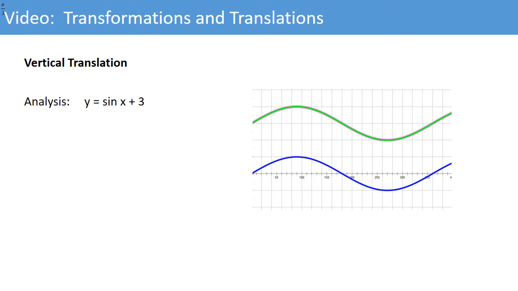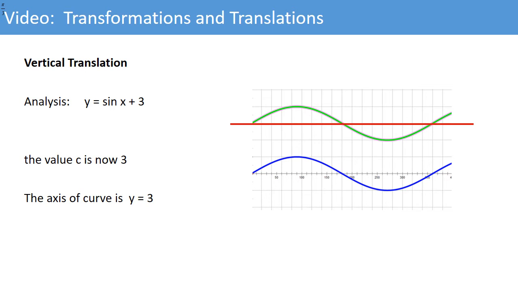So let's start with sine x plus 3. You will notice that it has moved up 3 units. The value of C is now 3. The axis of curve is y equals 3.